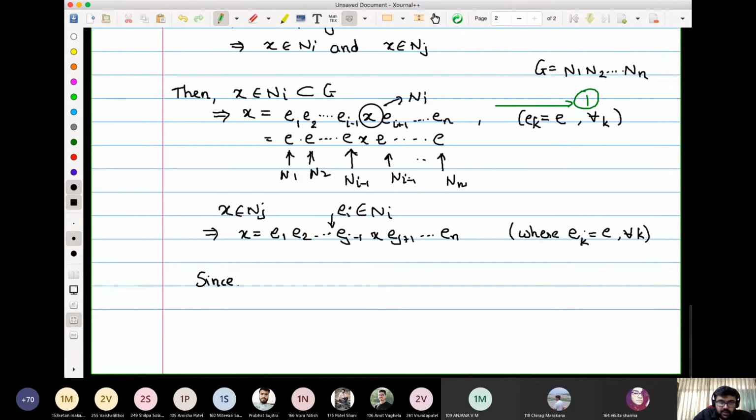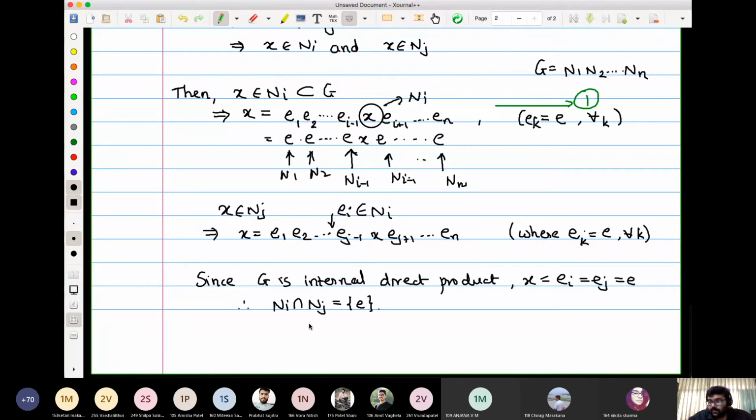Since G is an internal direct product, X equals Ei equals Ej equals E. Therefore, Ni intersection Nj equals the singleton identity.